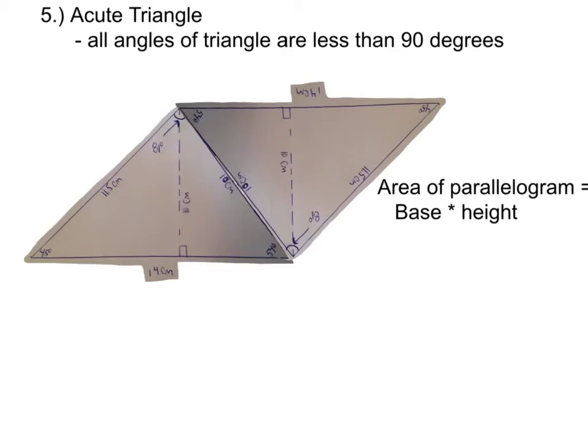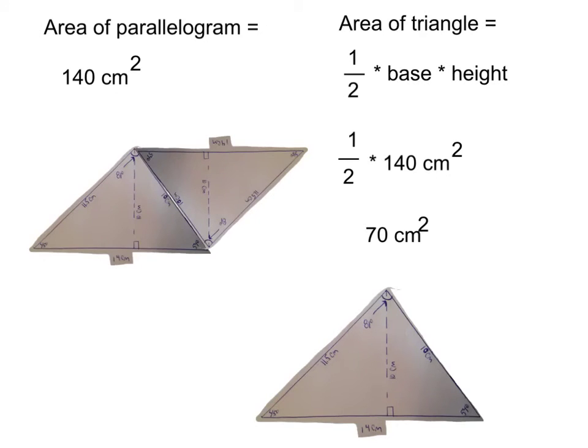The area of the triangle is just half the area of the parallelogram. So as we said before, we'll take half the area of our parallelogram in order to give us the area of the triangle. Half of 140 centimeters squared is just 70 centimeters squared, and 70 centimeters squared is the area of our triangle.